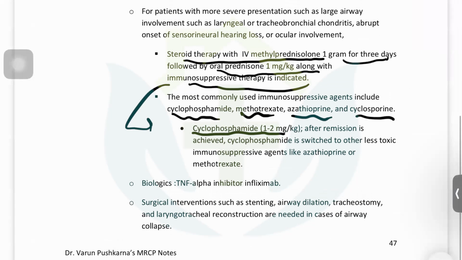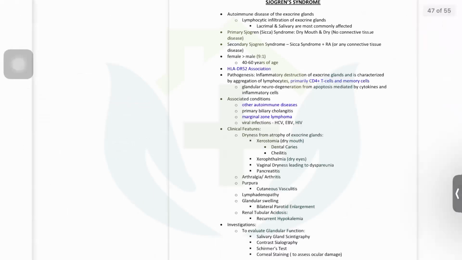And if it is not responding and the patient keeps having recurrent disease, then the TNF-alpha inhibitor infliximab can be given. In the worst case scenario, where due to recurrent inflammation scarring has happened, the patient may require airway stenting, airway dilatation, ballooning, or tracheostomy. Is that clear?